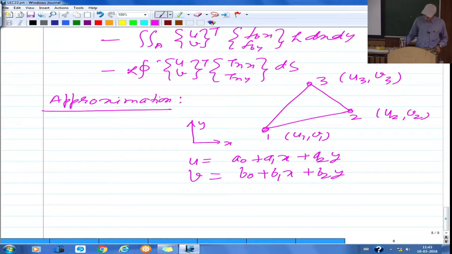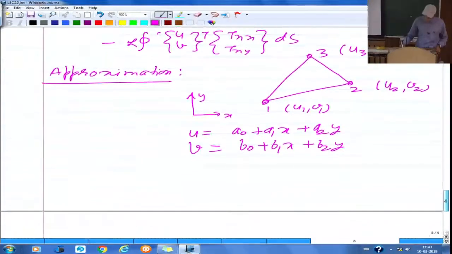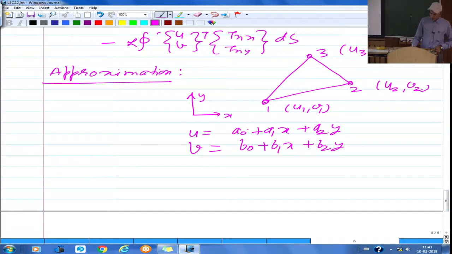Then what we need to do next is again the way we did for the heat conduction problem. If you look at it, u is defined by 3 constants a0, a1 and a2. Corresponding to this there are 3 values of u at the nodes of the element, which are u1, u2 and u3. So we can express a0, a1, a2 uniquely in terms of u1, u2, u3.